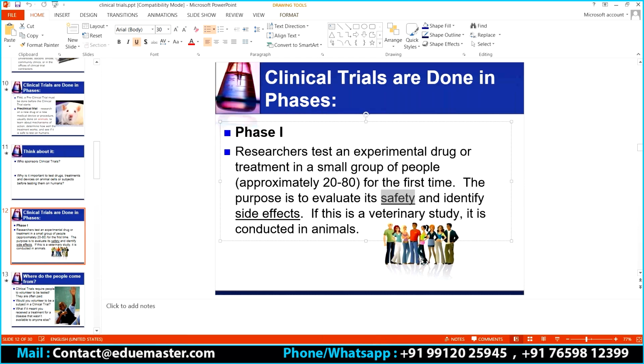We need to evaluate that. Number two, at the animal level, we don't look at the side effects much, because side effects are not going to be considered as a major aspect when it comes to animals. But when it comes to human beings, we start evaluating the side effects as well, right? What are going to be the side effects?